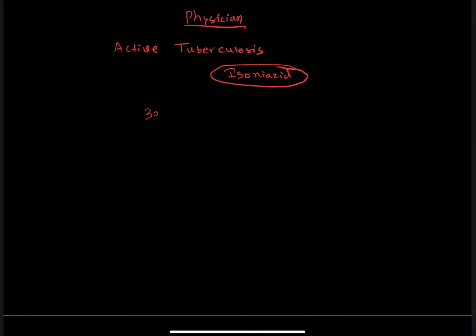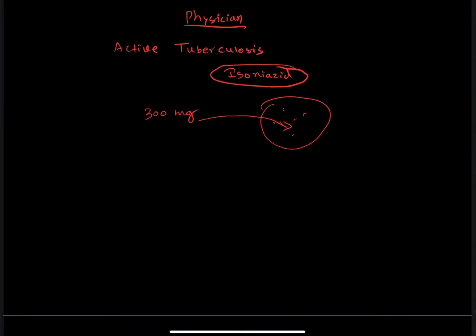You just took it, and now the plasma concentration is some amount. The half-life will tell you at what time the plasma concentration will be 50% of the amount you took. So that's pretty important, right? It gives you information on how long a drug will remain in the body.